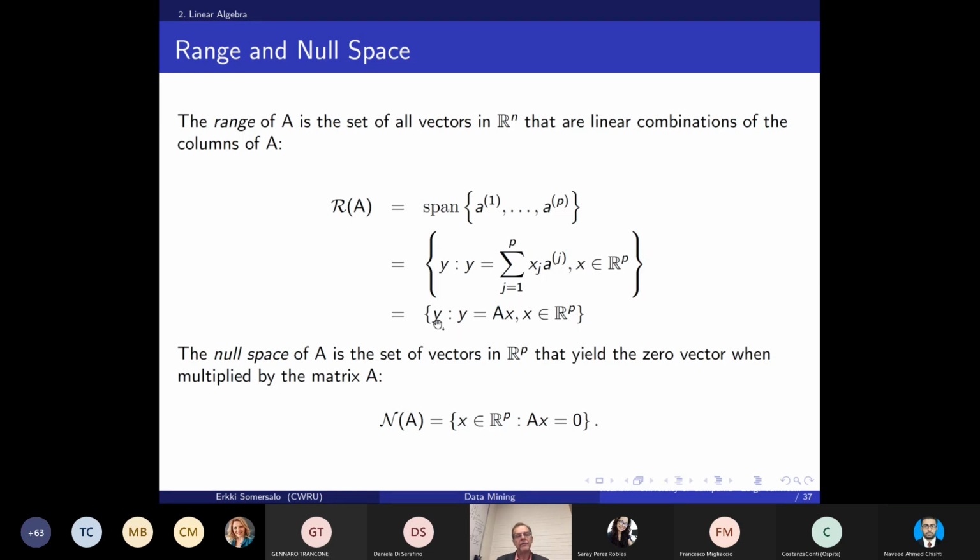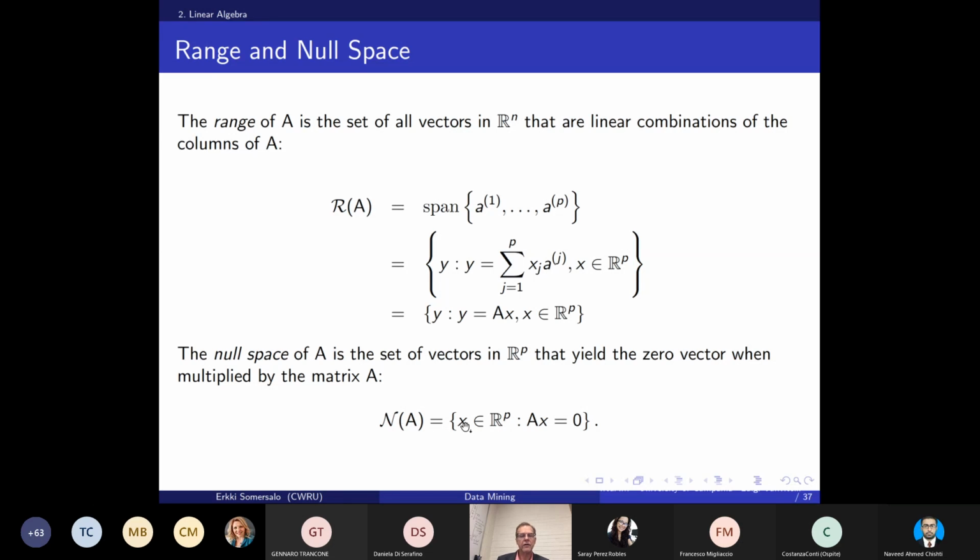Okay, so the range is all values that the mapping Ax can attain when x is any vector. So that's the range of a matrix. Then the null space of a matrix is the set of vectors which are mapped to 0. So if you have a vector x which goes to 0 when you multiply by A, then that vector is in the null space of A. Are there any vectors that go to 0?